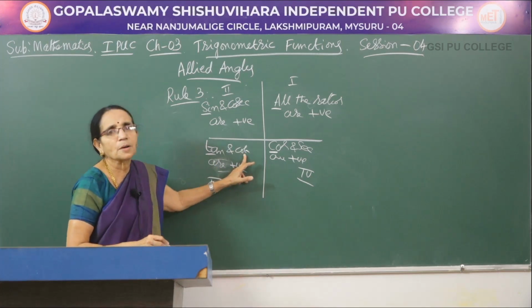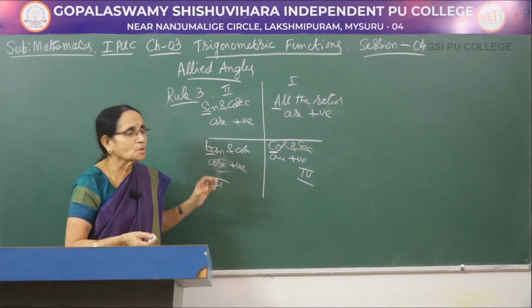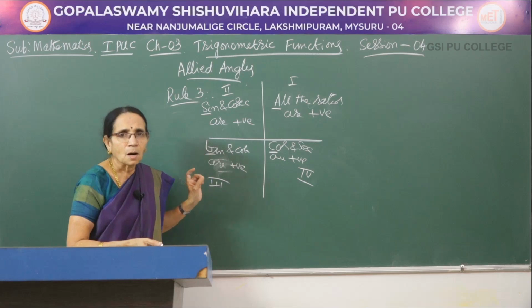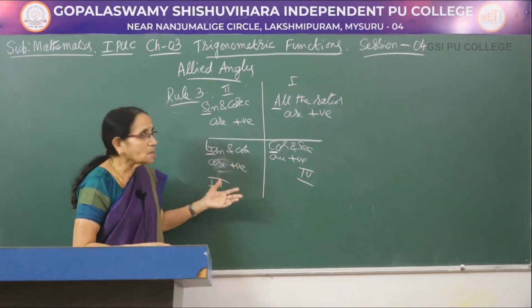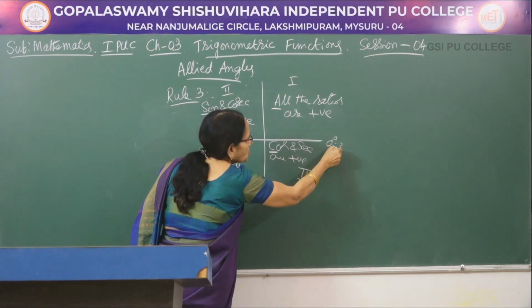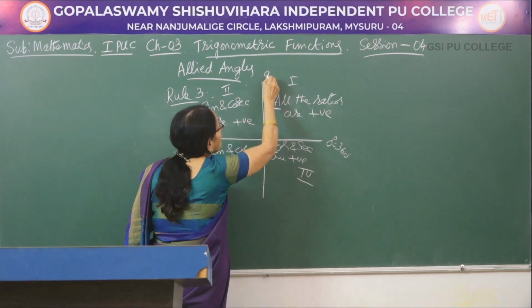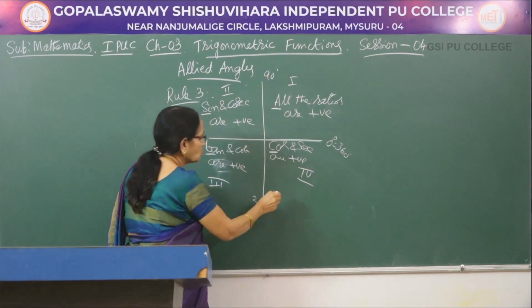Come to the third quadrant. Tan and cot are positive here. So, what are the remaining ratios? Sin, cosecant, cos and secant. Only tan and cot are positive and the remaining would be negative. So, the angles, as you know, are 0 and also 360, 90, 180 and 270.